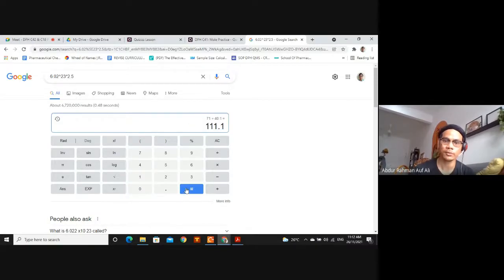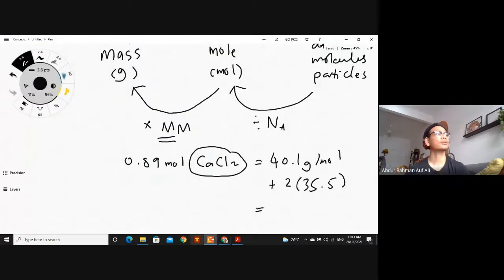So the molar mass of calcium chloride is, sorry, apologies, there is a lot of sound, I don't know where it comes from. So this is the molar mass of calcium chloride.